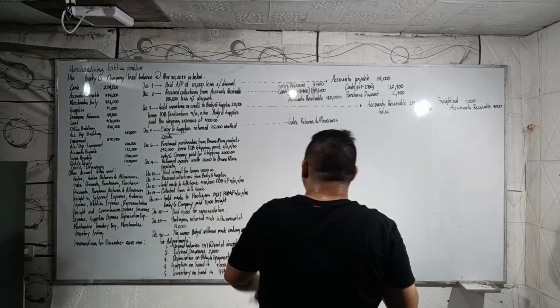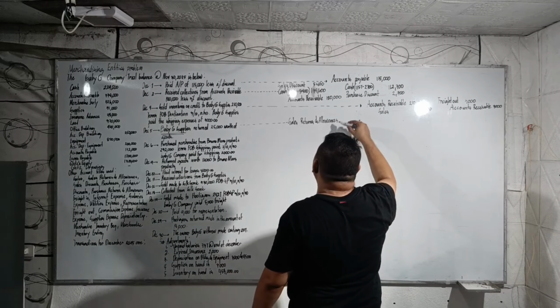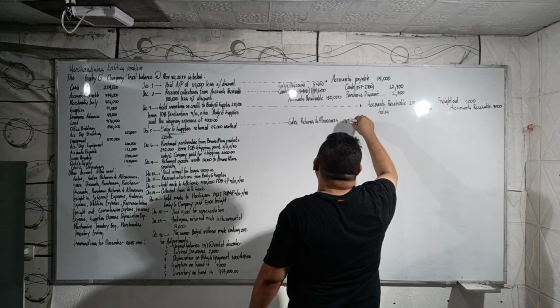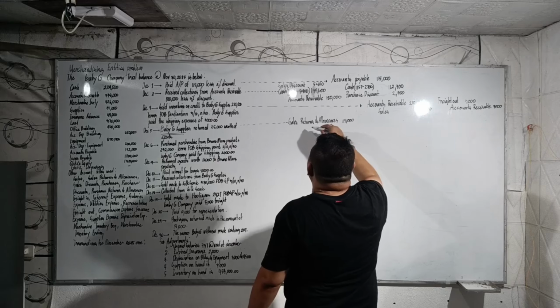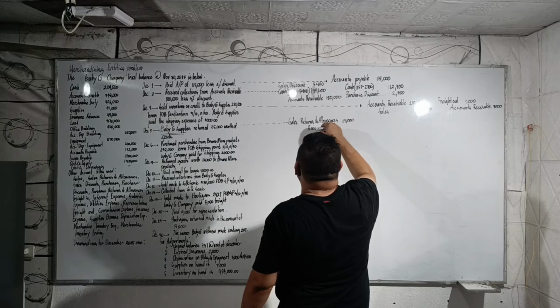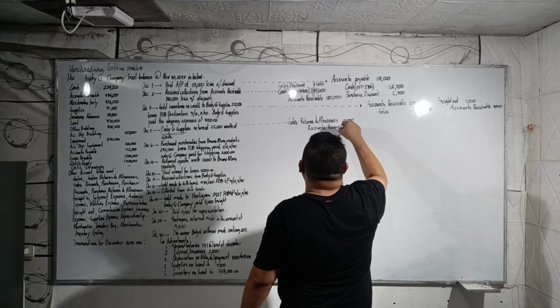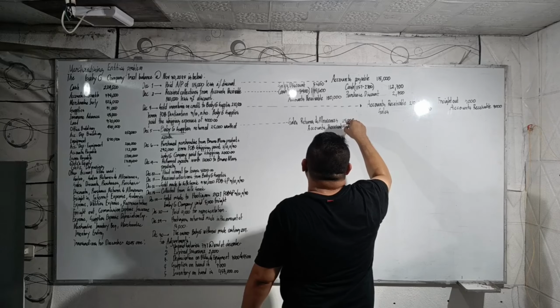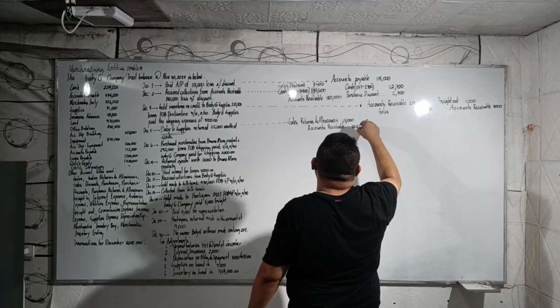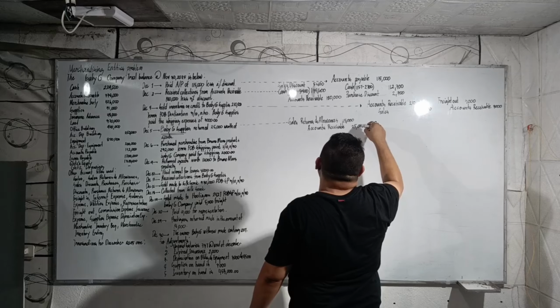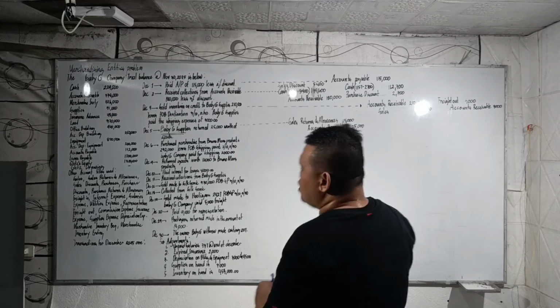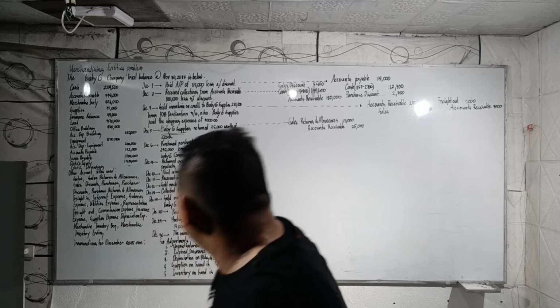So if they return something, that is sales returns and allowances on our part, that's 25,000. And then credit, accounts receivable. So we are not going to collect money worth 25,000 because they returned the item. Okay? So that's December 5.